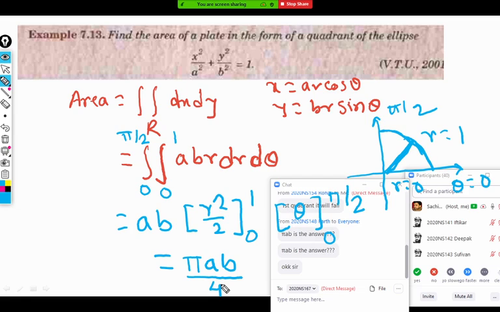Any doubt, anyone? Because of that special transformation, x equal to ar cos theta, y equal to br sin theta, the ellipse is converted to the circle of radius 1, r is equal to 1.